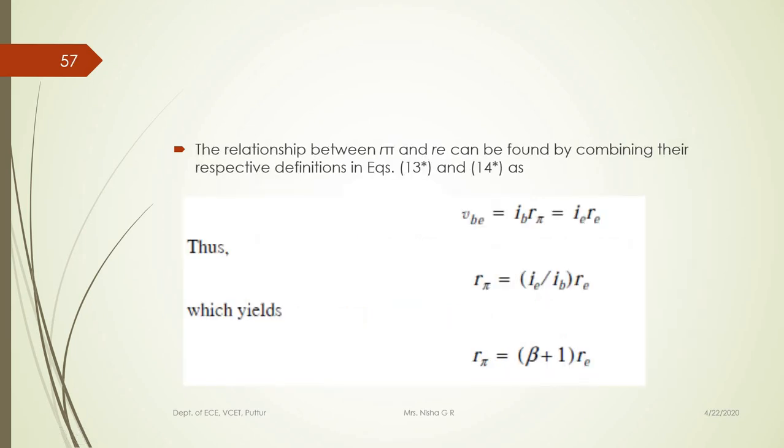Next is the relation between R pi and RE. It can be found by combining their respective definitions in equations 13 star and 14 star. If you compare these two, that is R pi and RE, then VB is common in both expressions. RE is VB by IE, R pi is VB by IB. So VB is nothing but IE RE, and here VB is IB into R pi.